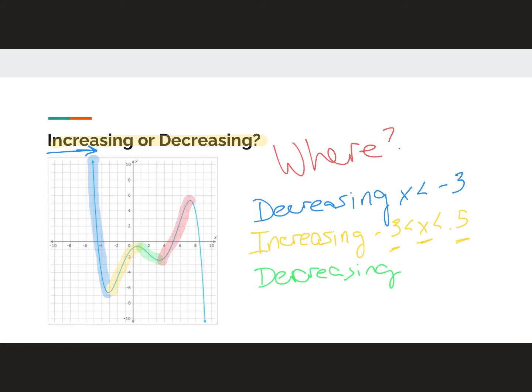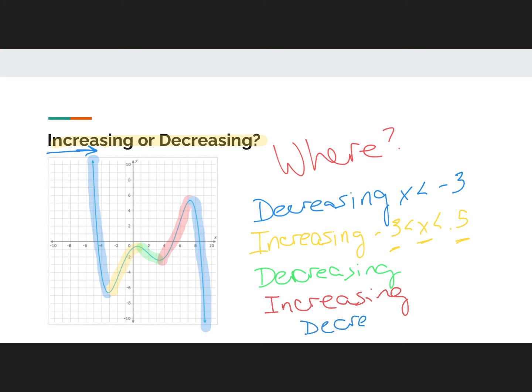But all you see is all these sections. And then I have a section right here that is, the white doesn't really show up, so I'll do blue again. This part right here is decreasing. So you see all these different sections. And it depends on what section we're looking at, whether it is increasing or decreasing. That red section is increasing. And then that last blue section is decreasing.